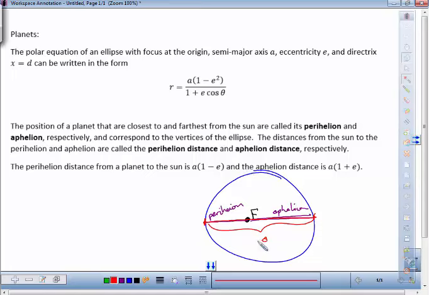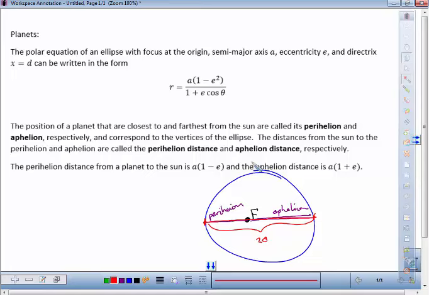So maybe this is 2A, the semi-major axis. Because if we add these two, A minus E times A, and then A plus E times A, the E times A would cancel, and then you just have 2A. So that looks like what we're looking for, more or less.